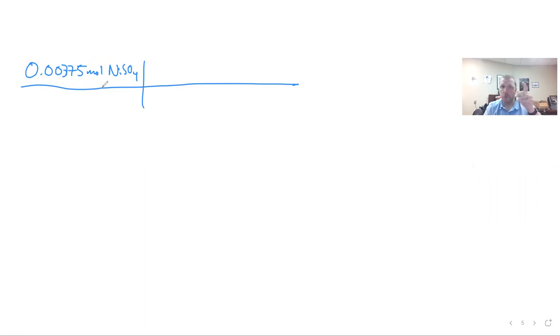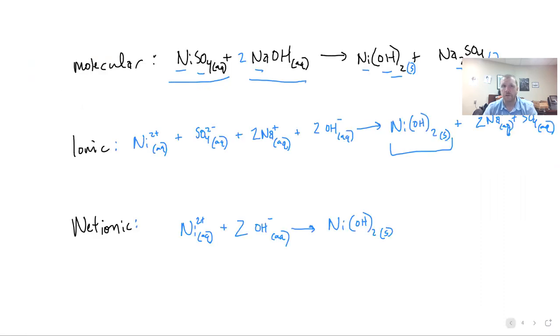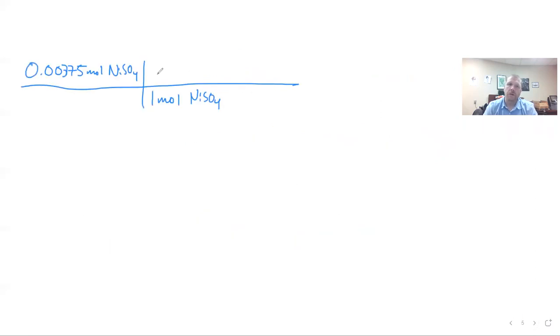So I have my moles of NiSO4. I've got 1 mole NiSO4, and this right here is coming from my balanced chemical reaction. My moles of nickel sulfate, my reactant, to nickel hydroxide, my product. 1 mole of nickel sulfate is 1 mole Ni(OH)2.